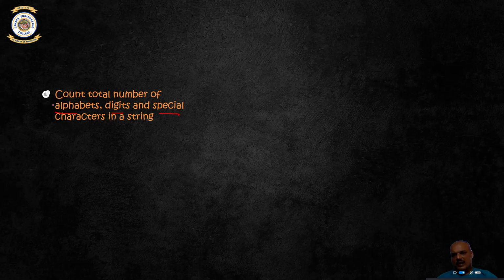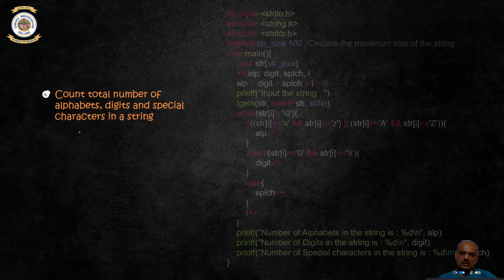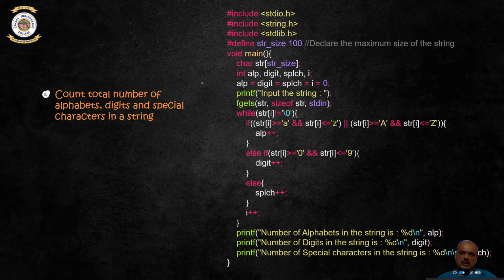Okay, and I want to segregate them: whether it is an alphabet, a digit, or a special character. So how many alphabets are there, how many digits are there, and how many special characters are there. So I want to count them in a given string. So that's the task. So let's get into the program and see how to do that.